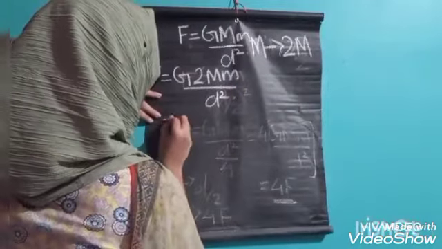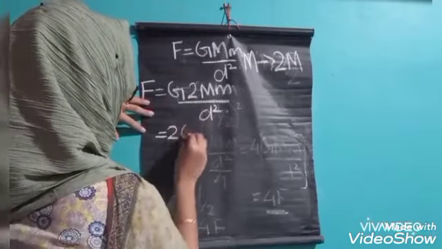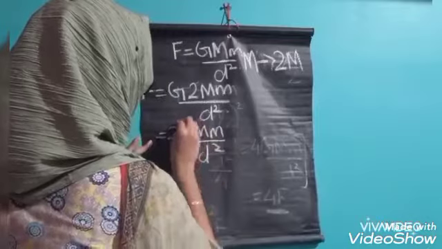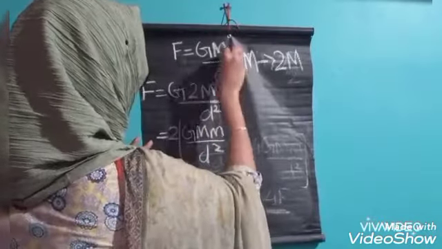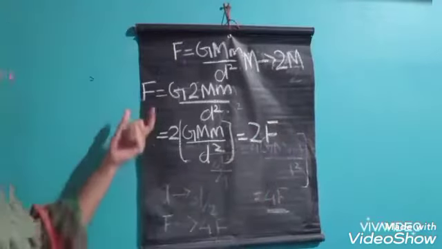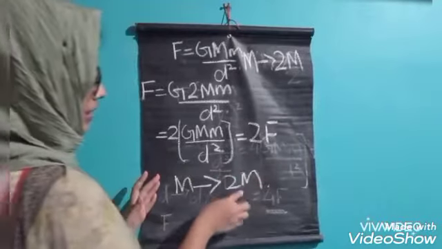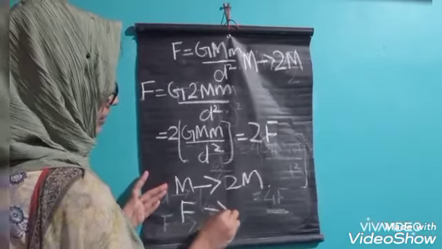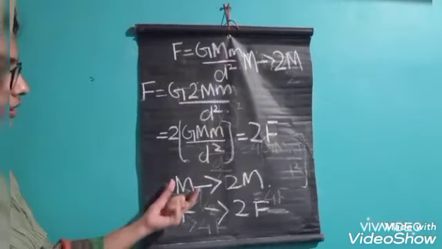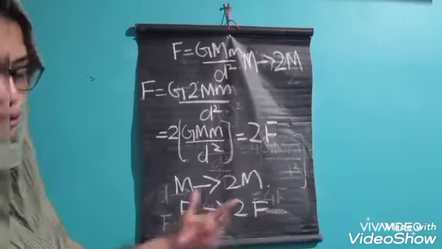Taking 2 outside, that is 2 into GMm by D square. Here GMm by D square is the F, so that is 2F. So when the mass is doubled, the force of attraction also gets doubled. When the mass changes to 2m, the force of attraction changes to 2F.